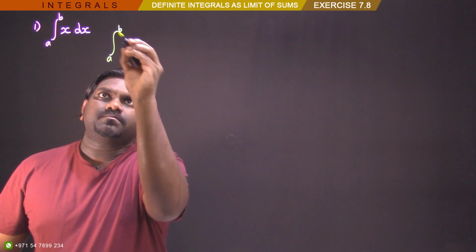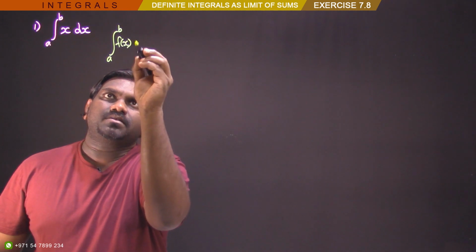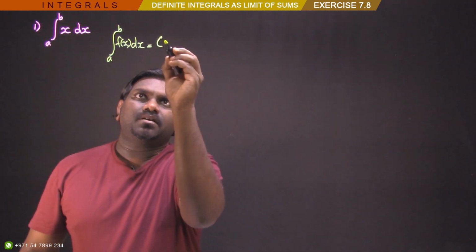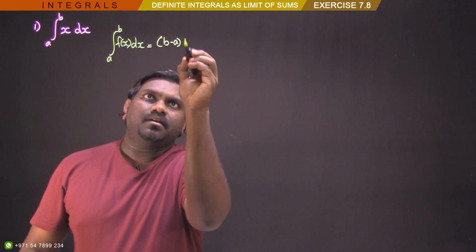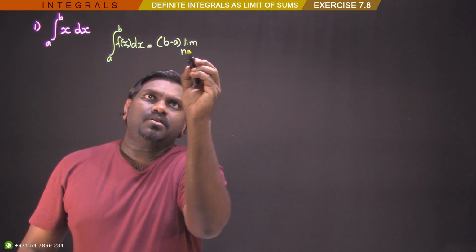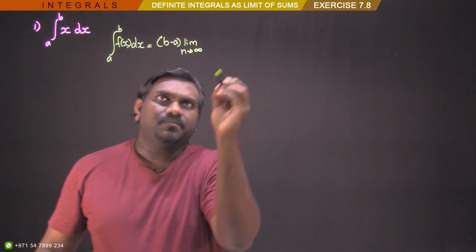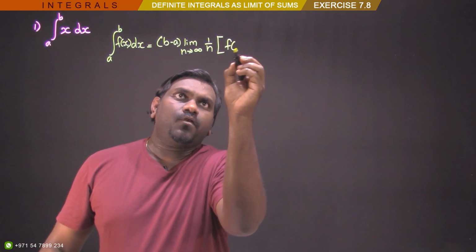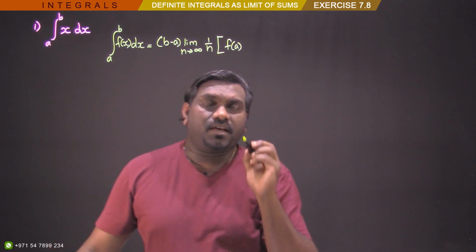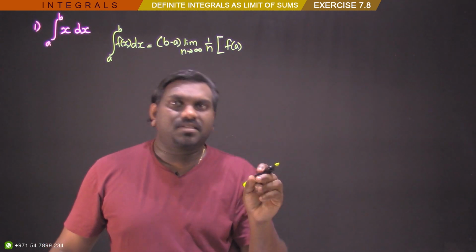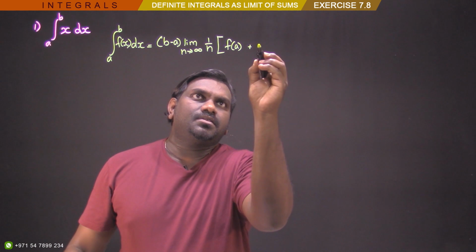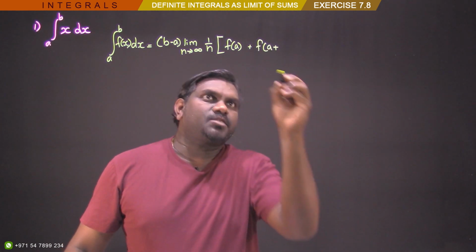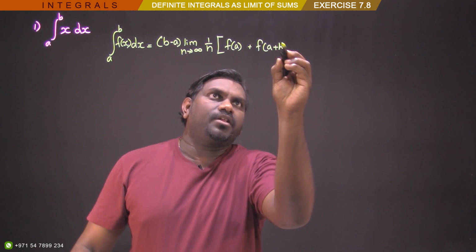The integral from a to b of f of x dx. What was that? That is nothing but b minus a, limit n to infinity, right, dear, 1 by n into f of a, the first rectangle's height, plus your second one, which is f of a plus h, the next point's height in the y coordinate, dear.